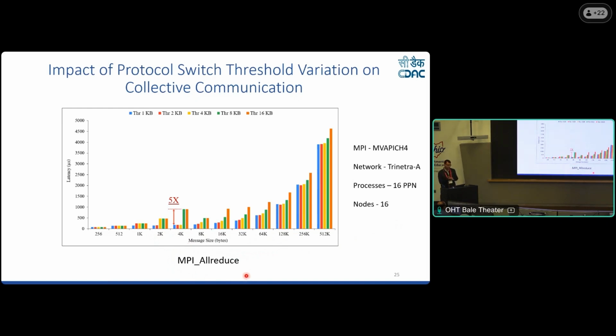And we have already seen for point-to-point communication that smaller thresholds perform better. That is why you are seeing the small length thresholds performing better for all message lengths here. This reading was also taken on the 16 node cluster, with 16 ppn.